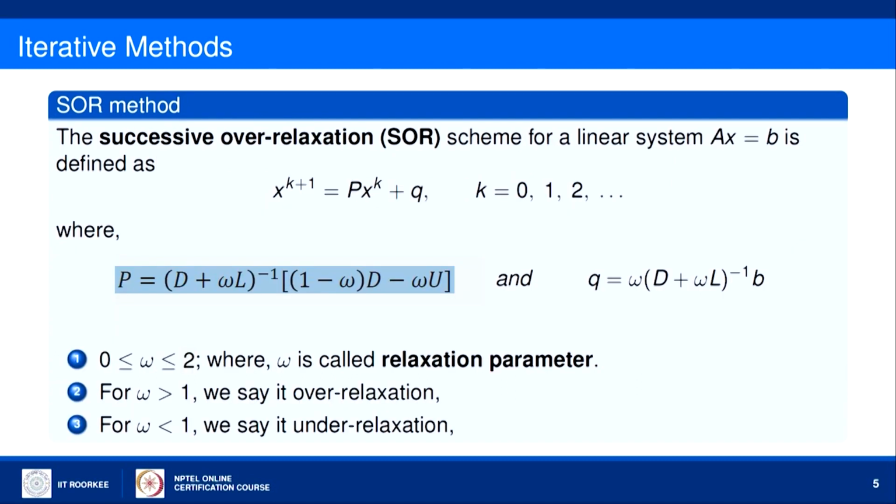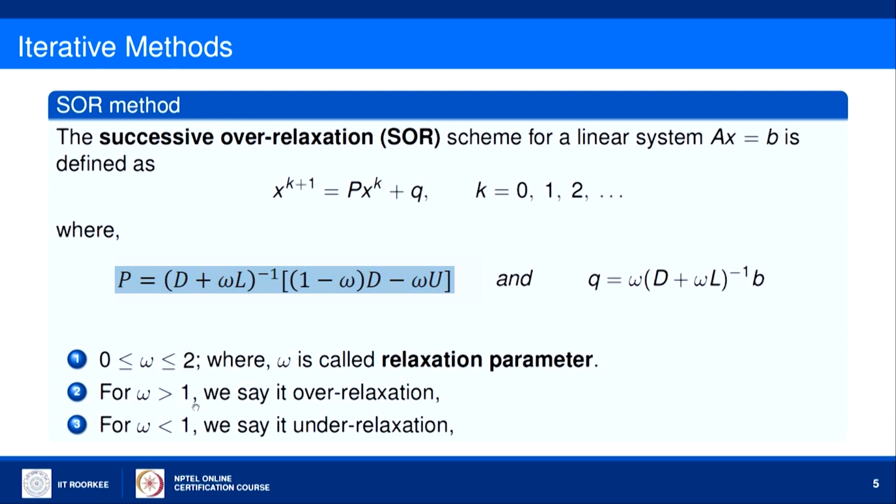This type of iterative method is known as successive over relaxation, or in short SOR. The iterative process of the SOR method is the same as the other stationary methods, that x k plus 1 equals the iteration matrix P times x at k iteration plus the column vector Q, where omega is between 0 and 2 and is called a relaxation parameter.